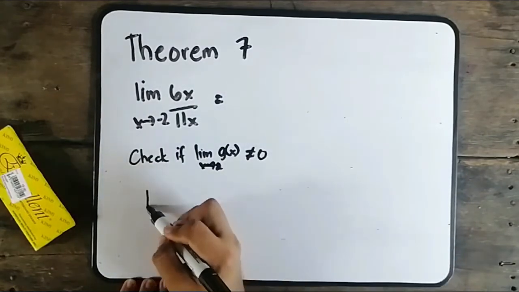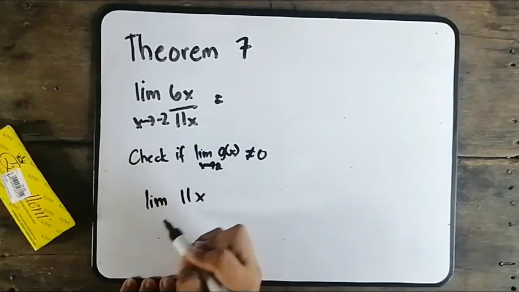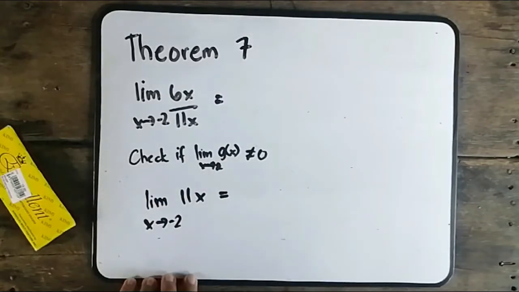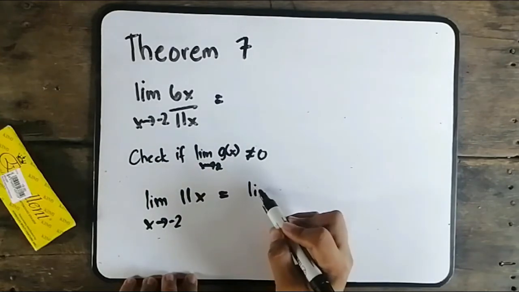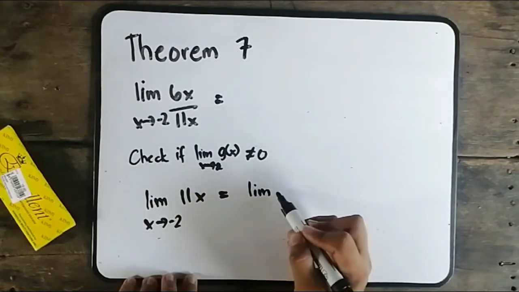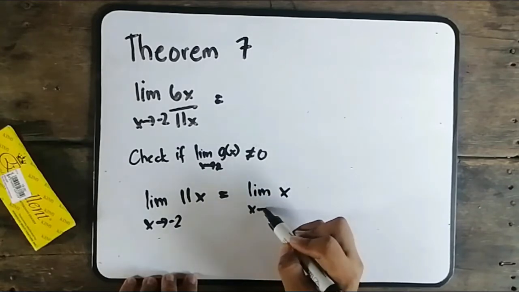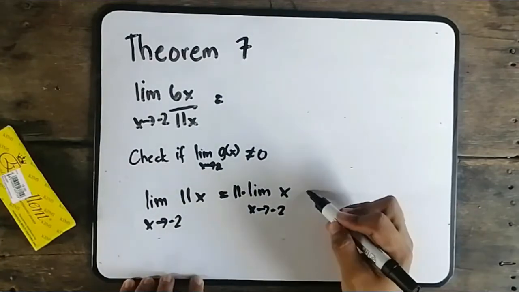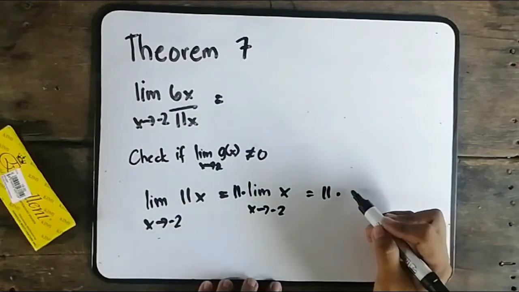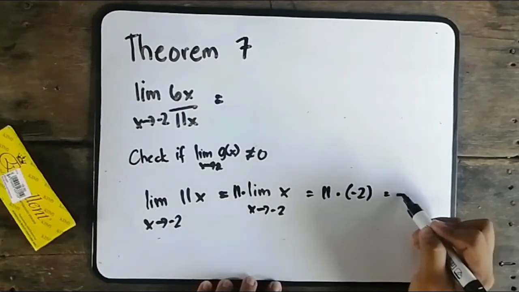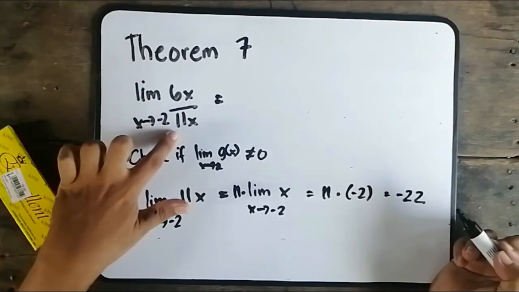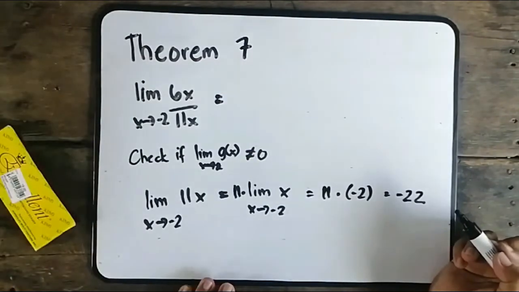So, that is the limit of 11x as x approaches negative 2 is equal to, so that is now the limit of x as x approaches negative 2 times 11 kasi nilabas natin yung constant. So that is now 11 times negative 2, so which is negative 22. So, since the limit of the denominator is not equal to 0, then we can use theorem number 7. Okay?